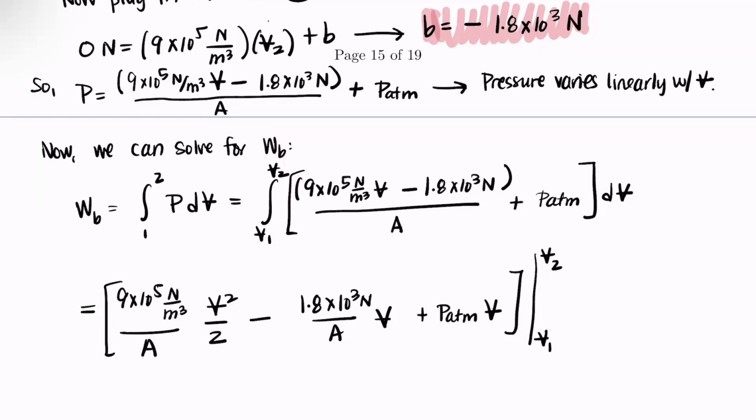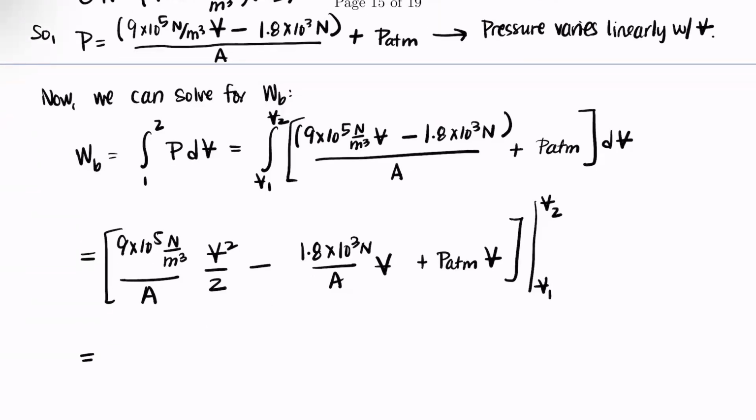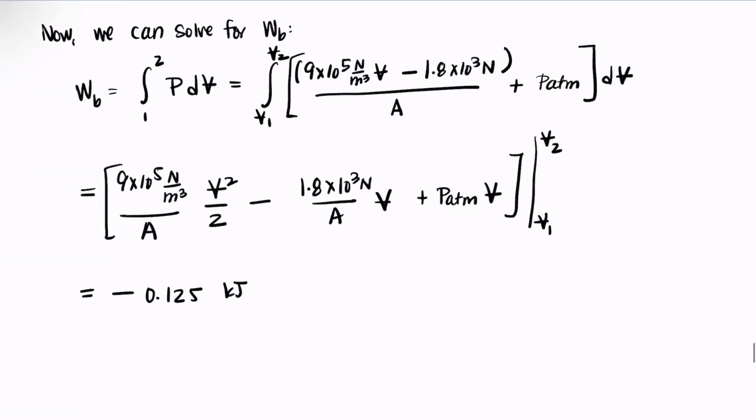Okay. And when we do that, we get minus 0.125 kilojoules. Does anyone remember what a negative work means in our sign convention? So output is always positive. If we have positive work, we're getting work from the system. I always remember the sign convention as, as an engineer, ideally we want to get work out of a system.